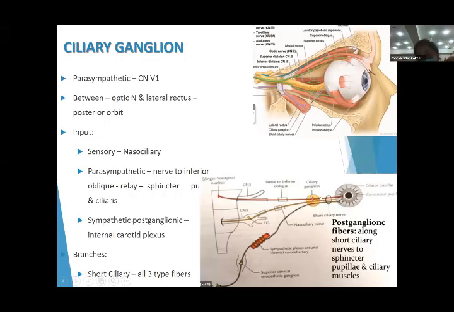Post-ganglionic fibers then pass via the short ciliary nerves to the sphincter pupillae muscle and the ciliaris, the ciliary muscle, the muscle of the ciliary body. So sphincter pupillae and ciliary muscle are intraocular or intrinsic muscles.